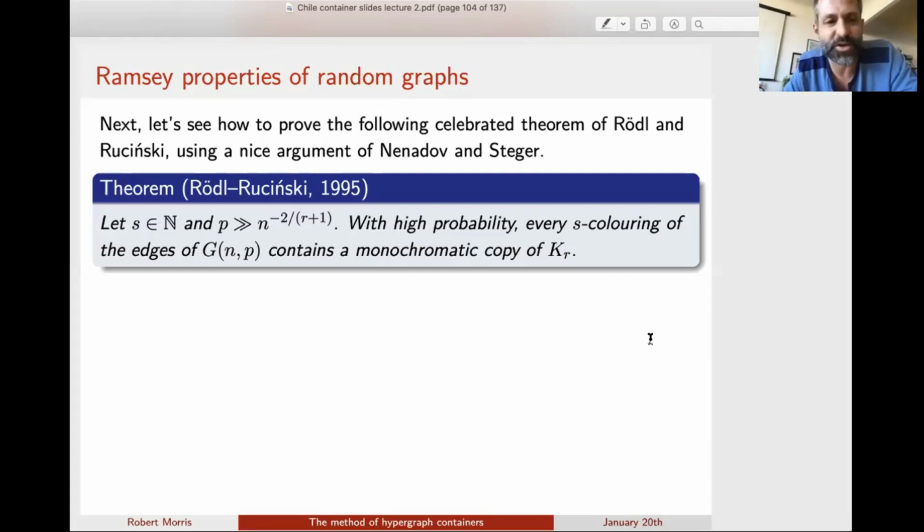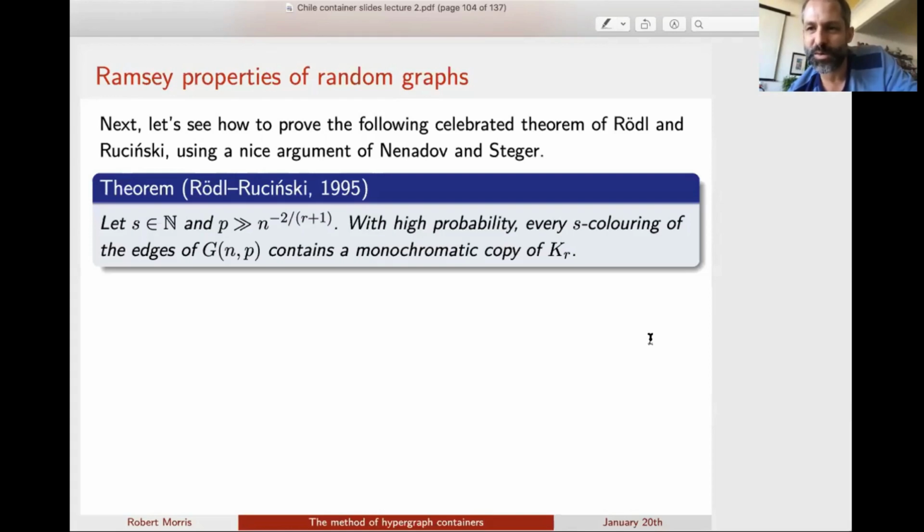This is the correct threshold basically because, at this point, the number of copies of K_r in G(n,p) gets bigger than the number of edges of G(n,p). The number of copies of K_r is like p to the r choose 2, n to the r. The number of edges is p times n squared.